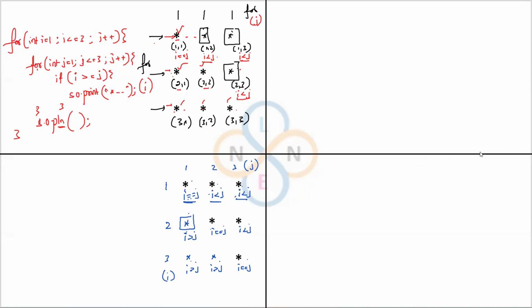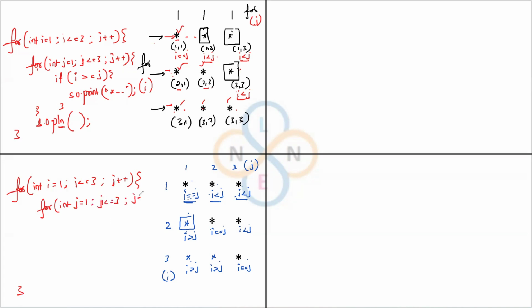So writing the loop is very easy. First, one for loop which runs from 1 to 3 with a variable i, i plus plus. Then inside this, we need another for loop with the j variable, which runs from 1 to 3.